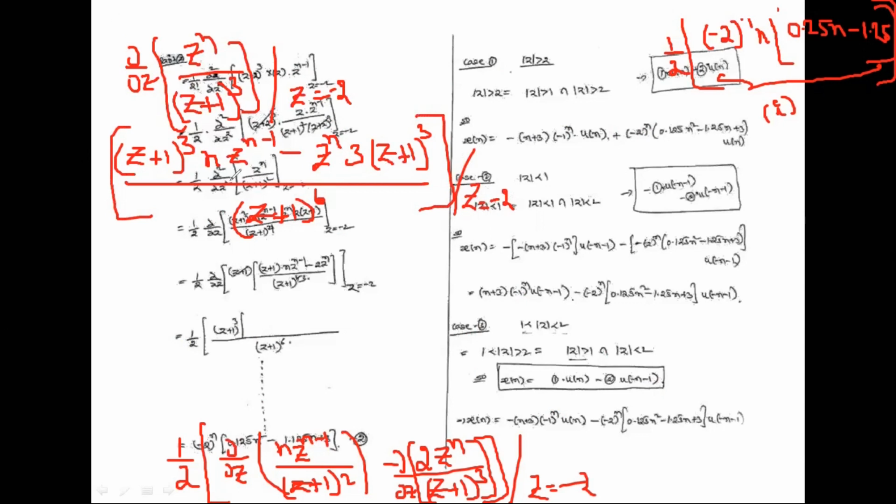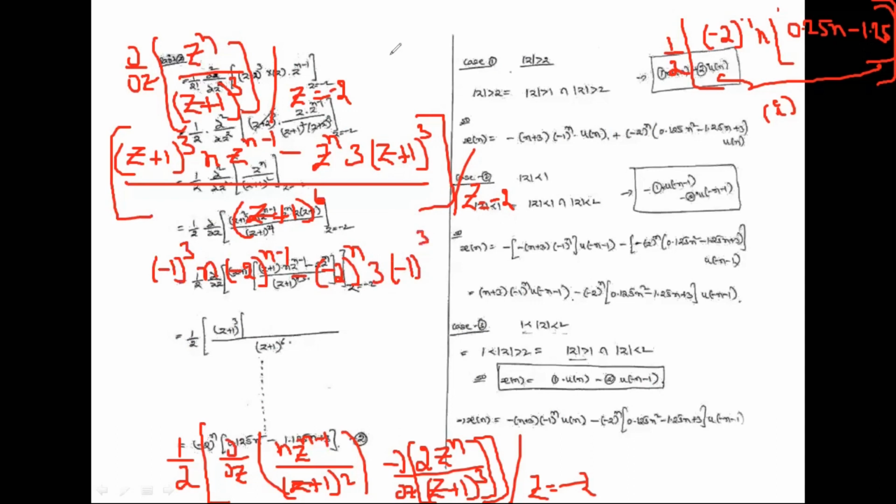Now I am substituting z equal to minus 2 in this equation. Minus 2 plus 1 is minus 1, whole cube. N into (minus 2) whole power n minus 1, minus (minus 2) whole power n, 3 into minus 2 plus 1 whole square, that is nothing but minus 1 whole square, not the cube, my dear student.